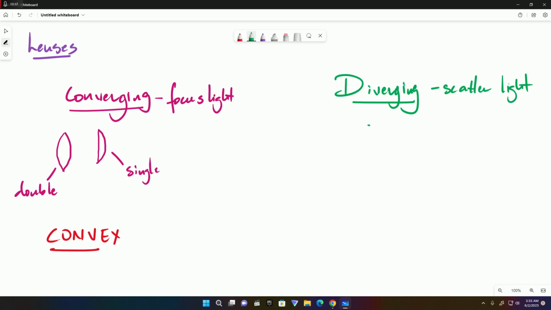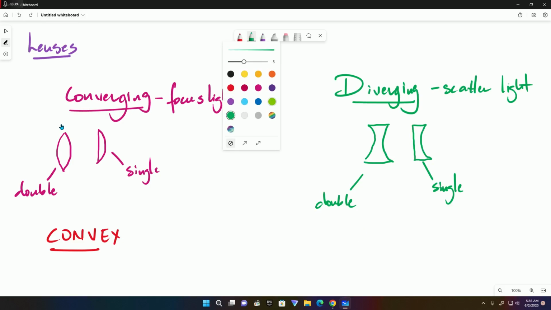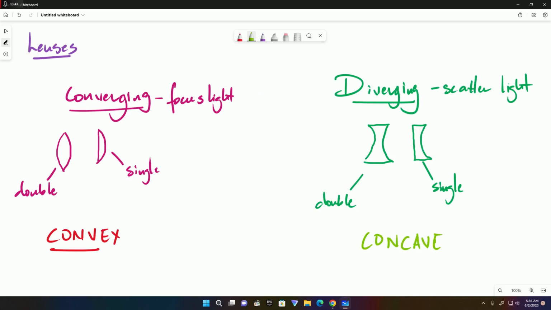These look different. This is a double. This is a single. And we call these concave. Moving on.